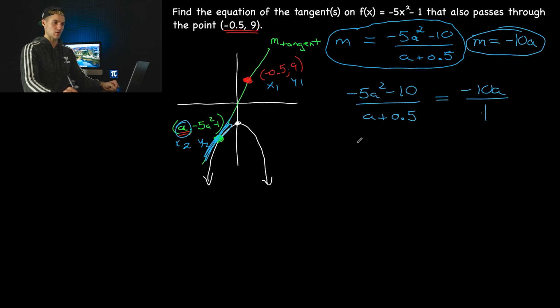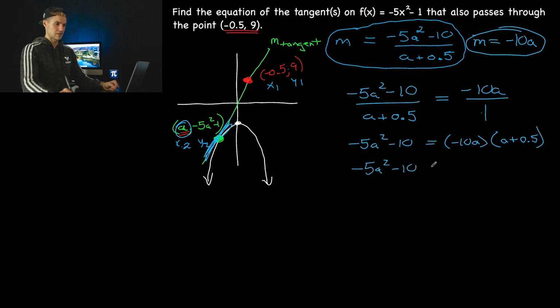So this times 1 would give us negative 5a squared minus 10 equals, this is negative 10a, this times this, which is a plus 0.5. So this would be negative 5a squared minus 10 is equal to negative 10a squared minus 5a. And then this just ends up being a quadratic.